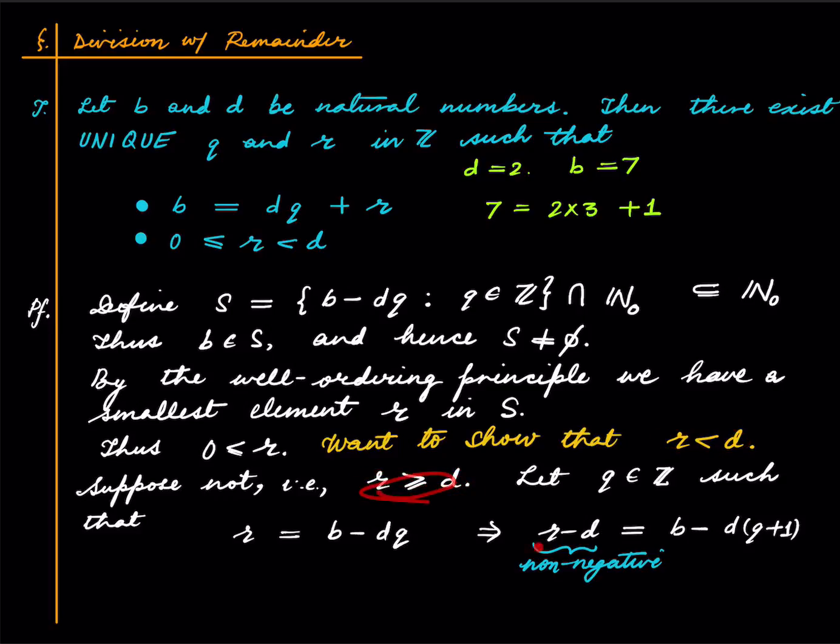So because of that, this is non-negative, and therefore R minus d is also in S. It is a non-negative integer which can be formed in this way, because you just have q plus 1 here. So it can be written as b minus d times some integer, and it is non-negative. So it is in S, and it is of course smaller than R because d is positive.